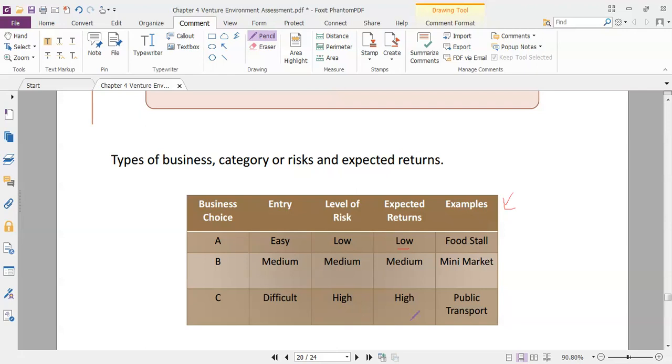If you want to invest in public transport, how to penetrate the market is very difficult. So the level of risk is also high, and the expected return is high. That is the comparison of how we can assess the category of the business, risk, and also return of the business.